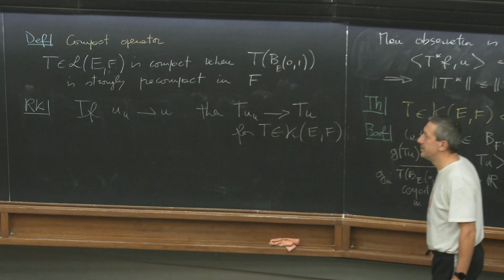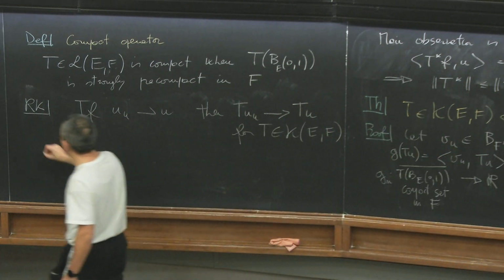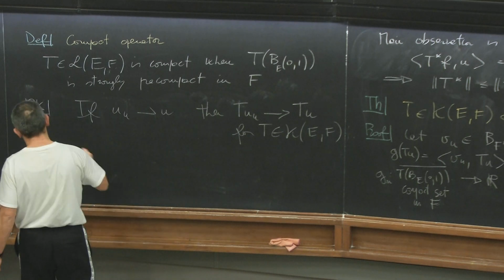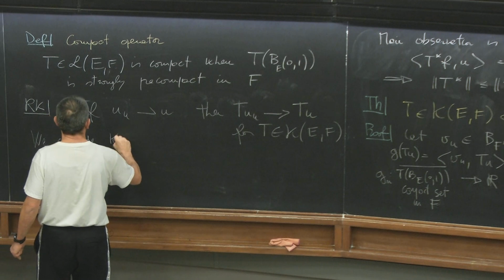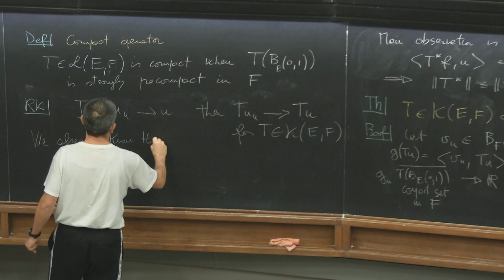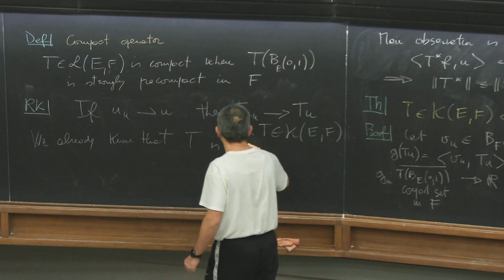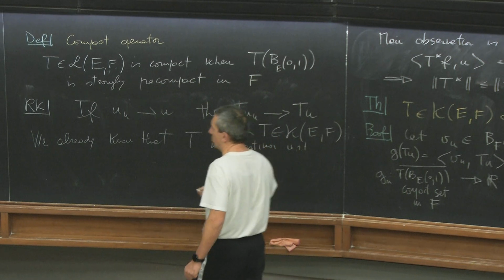Why is that so? Because if you remember, we know that by the continuity of T, the images converge weakly to Tu. Yeah, we already know that T is continuous with respect to the weak topologies, no?